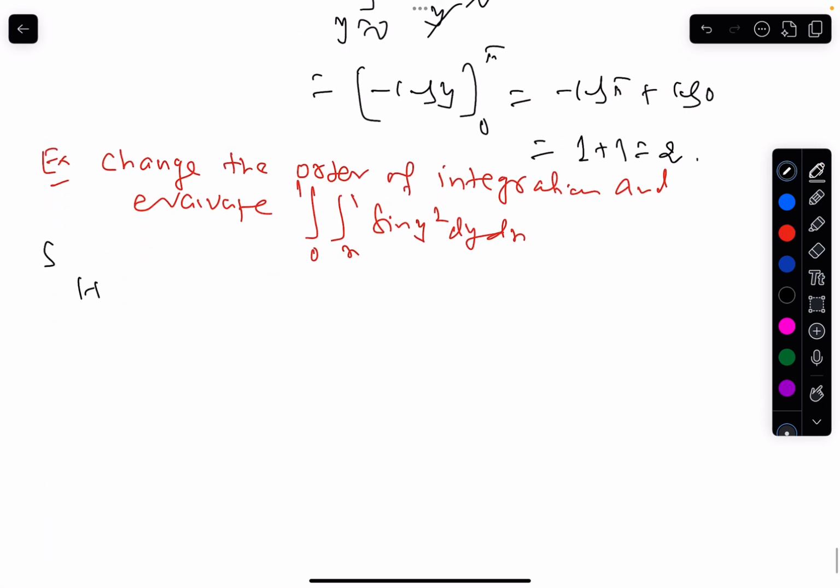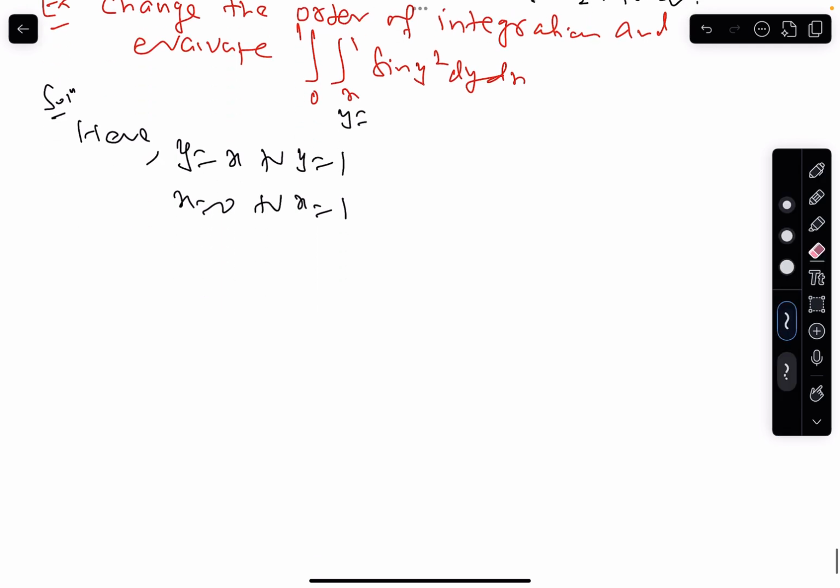So here, this limit is of y as a function of x, y equal to x to y equal to 1, and x equal to 0 to x equal to 1. So let us draw the region.